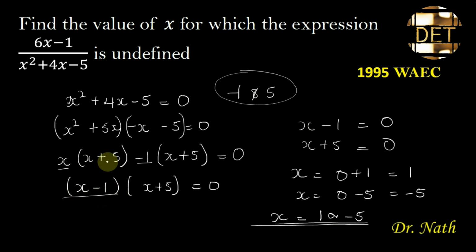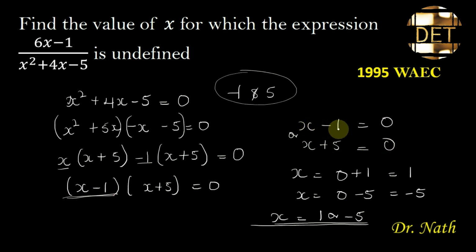That is what we've written here. Then we take one of them from the bracket, x plus 5, everything equal to 0. So the expression will now be x minus 1 equal to 0, or x plus 5 equal to 0.